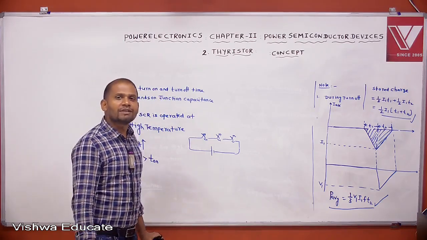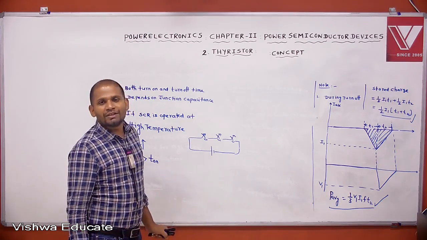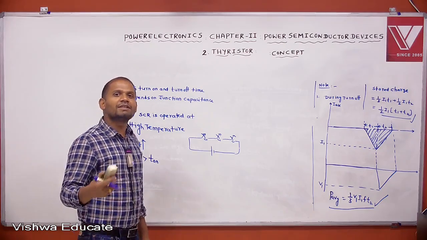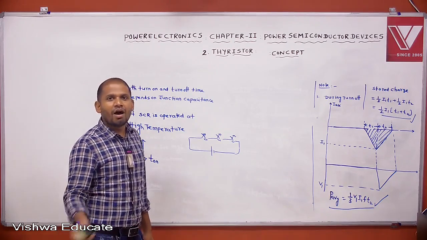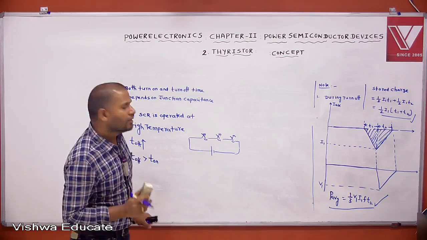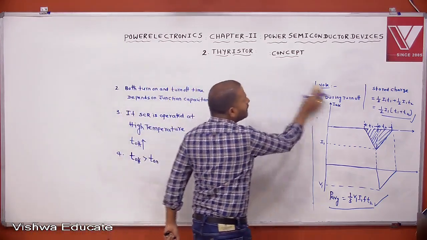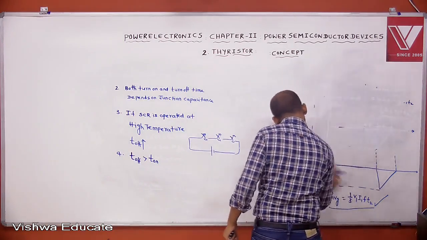Then I want to discuss the protection circuit of the thyristor, the heating and cooling circuit of the thyristor, series and parallel connection of the thyristor, and the commutation methods of the thyristor. All these concepts come under the thyristor only. Then go for another important one, the gate characteristics or SCR gate characteristics.